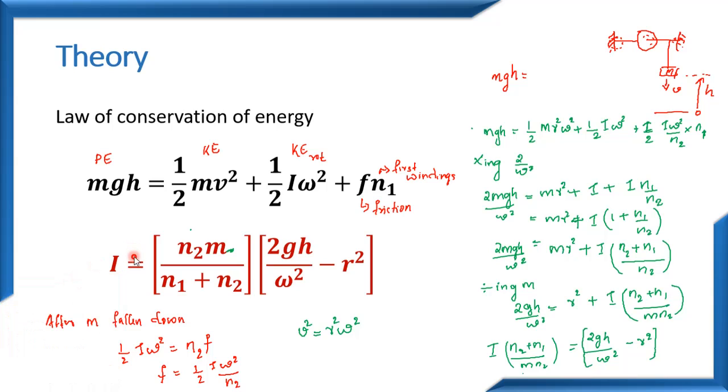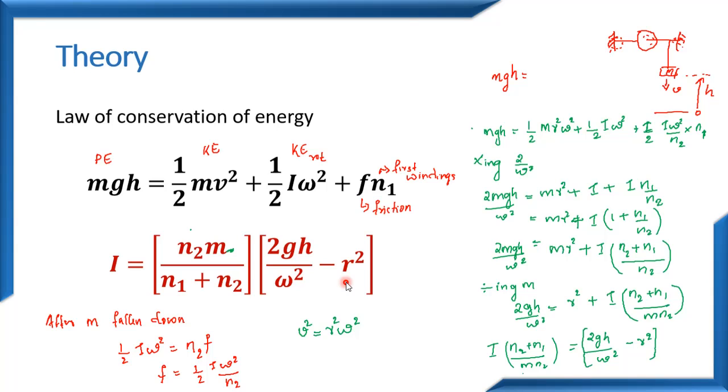As I've written here, I can write I is equal to n2 m divided by n1 plus n2, times the term which I have revised when I brought it to the other side, 2gh divided by omega squared minus r squared. So I can find the moment of inertia of a flywheel using this equation.